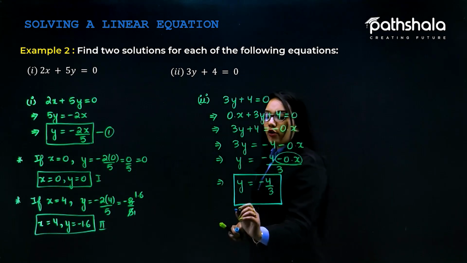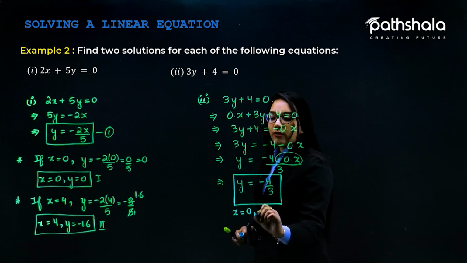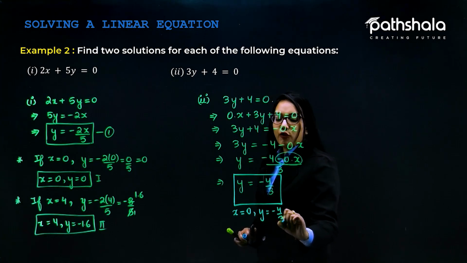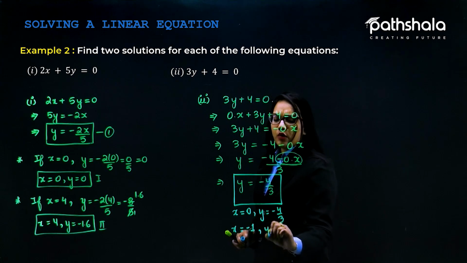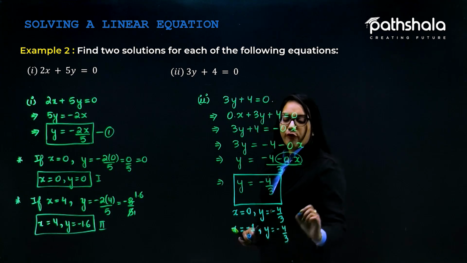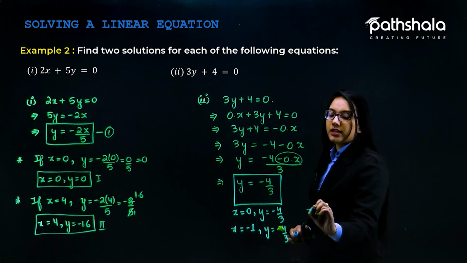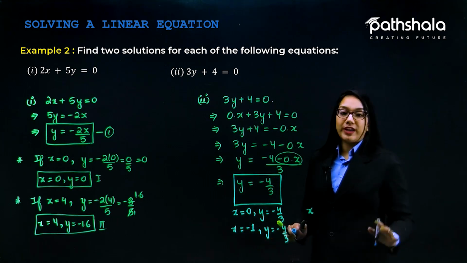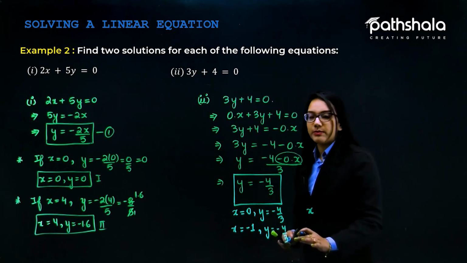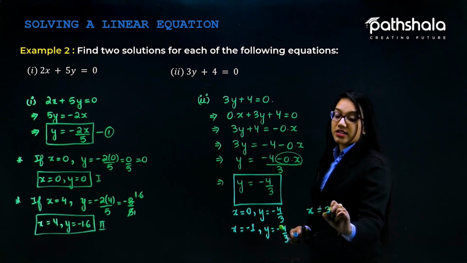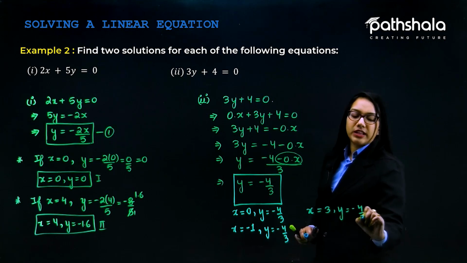So for x as 0, y will be minus 4 by 3. For x as 1, or minus 1, y will be minus 4 by 3. x can be any real number, and y is always minus 4 by 3. If I take x as 3, y will again be minus 4 by 3, and so on.